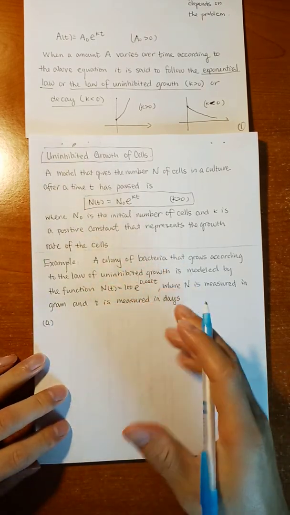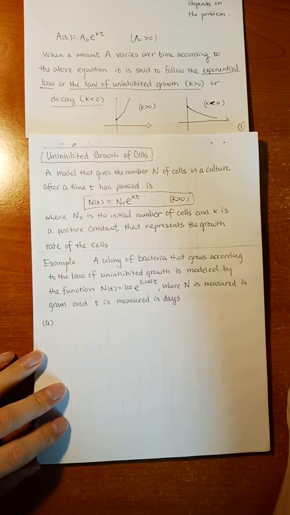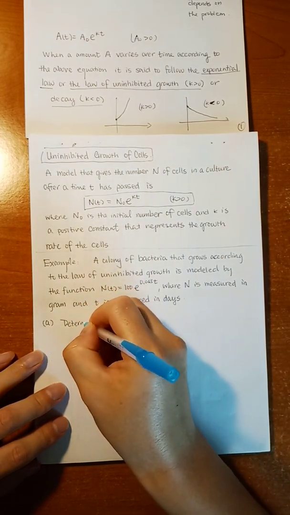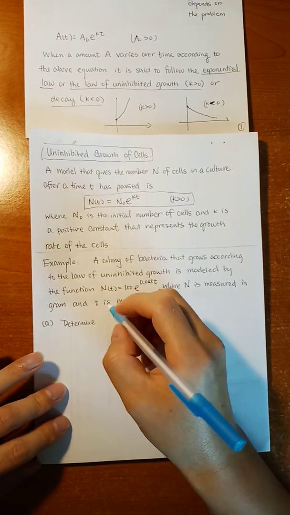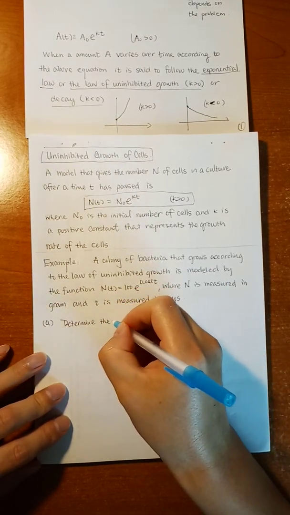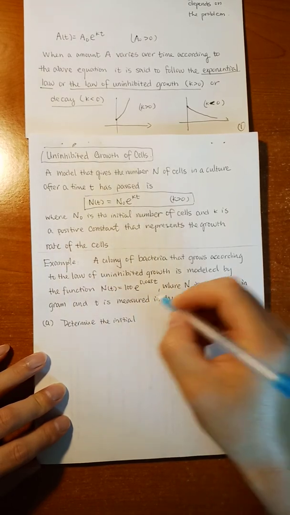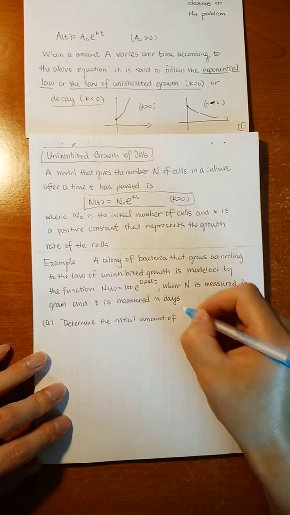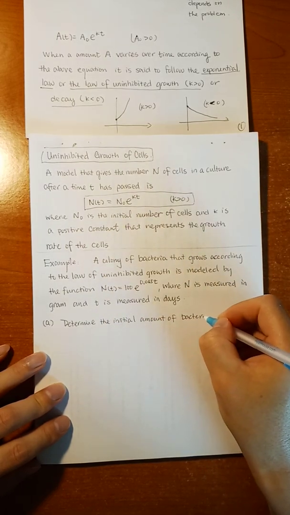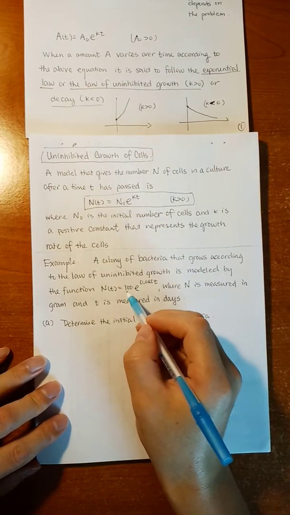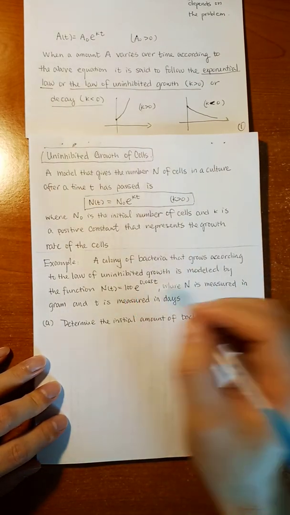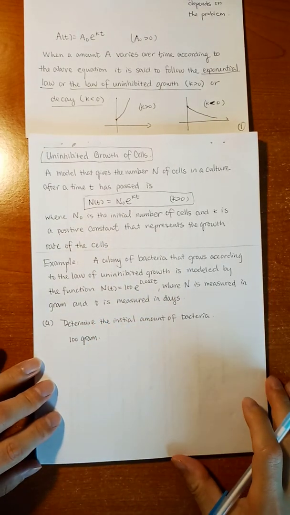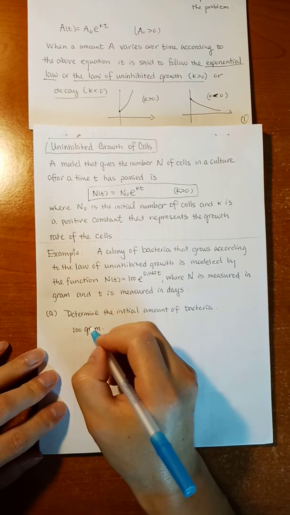Okay, so let's understand this expression. First, determine the initial amount of bacteria. The initial amount of bacteria is just this coefficient 100. This one does not depend on any computation.